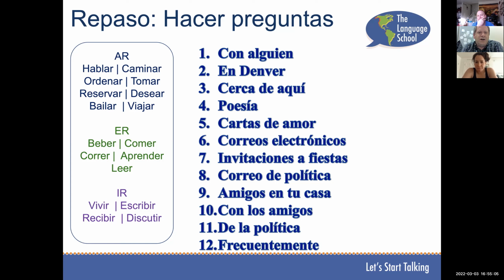Oh, no, no viajo con los amigos. ¿Tú hablas de la política?